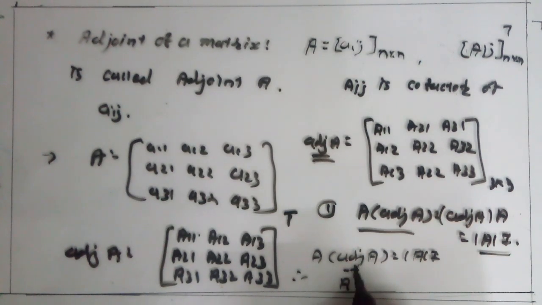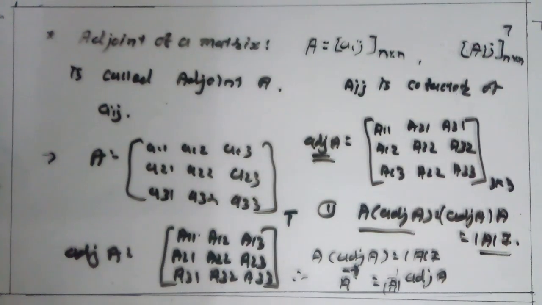Clear? A inverse is equal to 1 upon determinant of A into adj A. Using this formula, we get the inverse of a given matrix. A inverse is equal to 1 upon determinant of A into adj A. Clear?